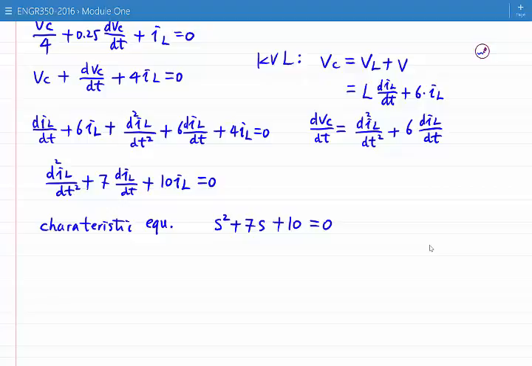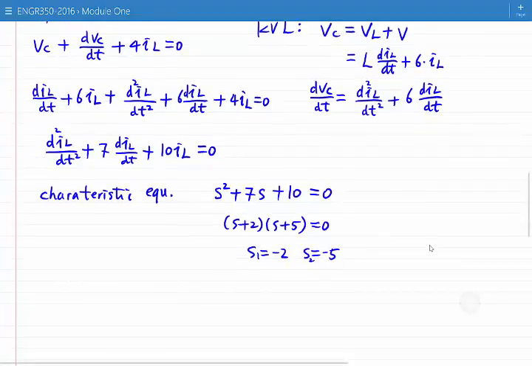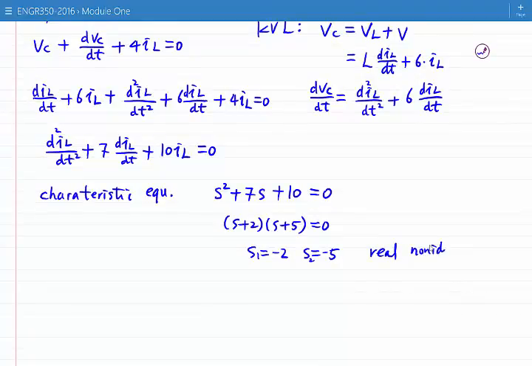We can solve for s: (s plus 2)(s plus 5) is equal to 0. So s1 is equal to minus 2, s2 is equal to minus 5. So we have two real non-identical roots.